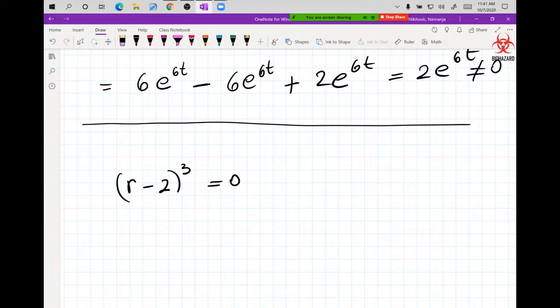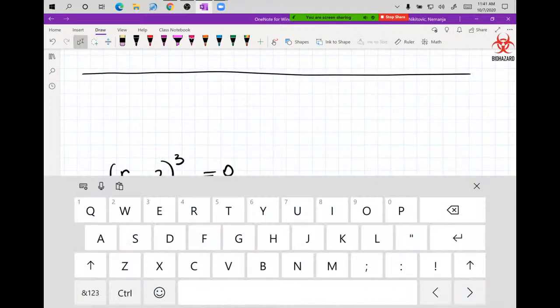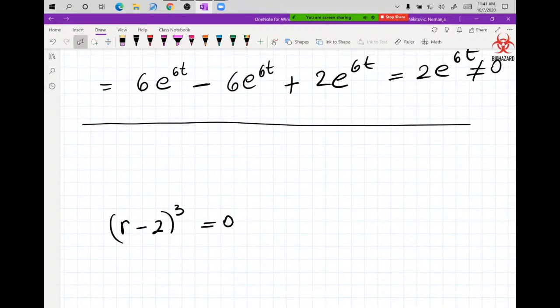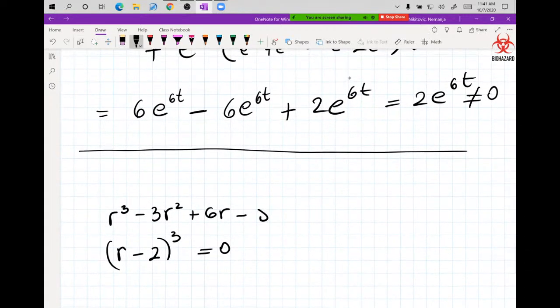So what I can do here is lower this down. If I FOIL this, I will have r cubed minus 3r squared plus 6r minus 8 equals 0.